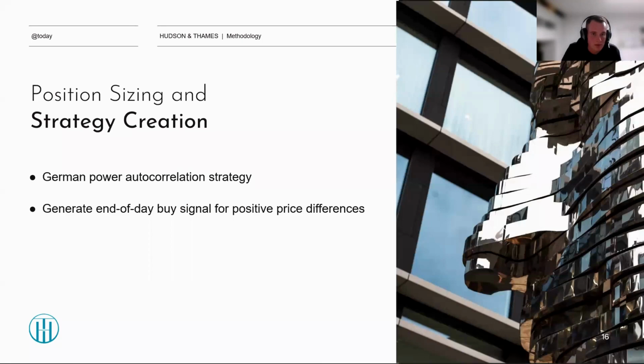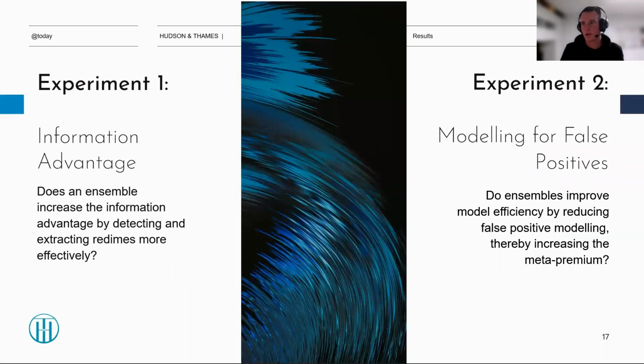Then we come to the results and the 2 experiments. So if we remember our 2 research questions, we have experiment 1 for information advantage, and experiment 2 for the modeling of false positives.